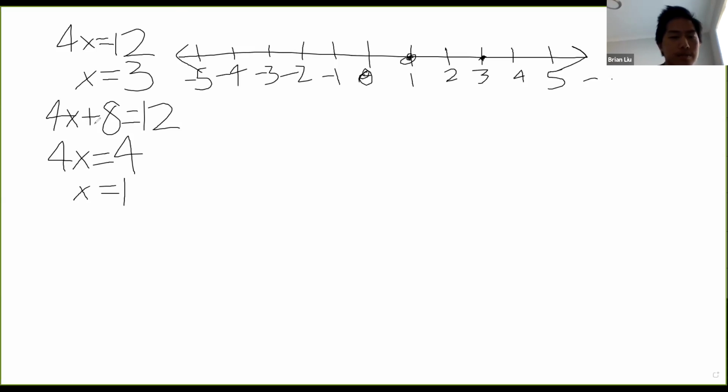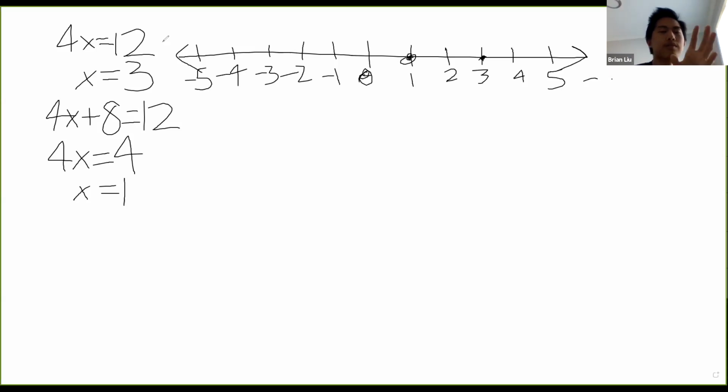So if we have this other constant right here, we can move it to the other side, or sometimes we want to move the 12 to the other side, so 4x minus 4 equals 0. Either way works. It's a simple equation, and we just get a single value for x and put it on the number line. And the number line is how we visualize it.